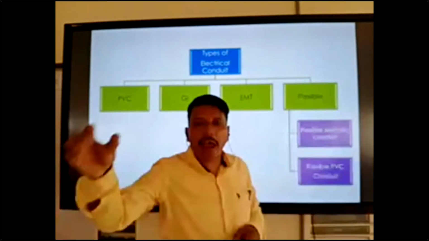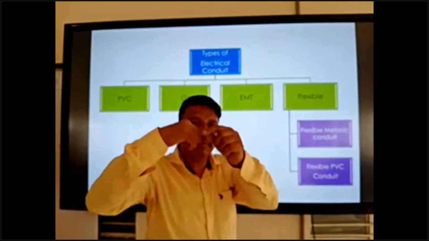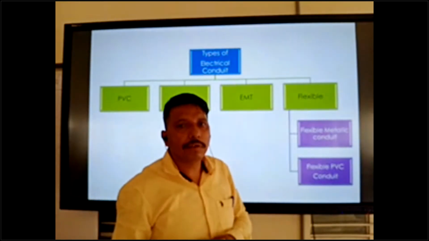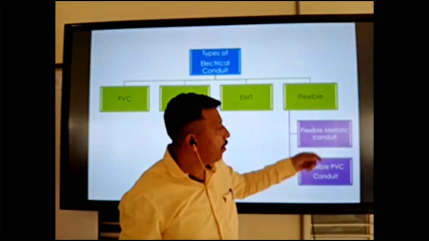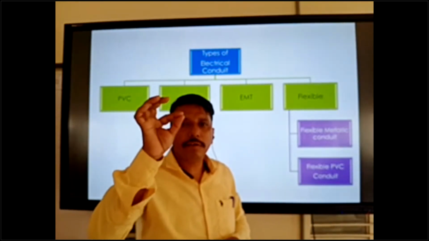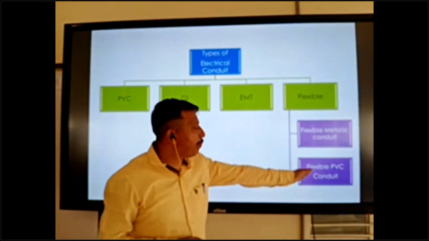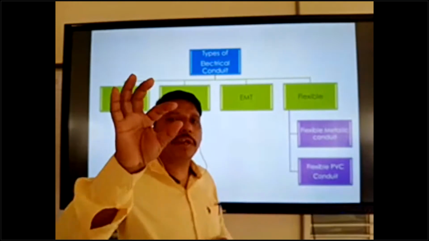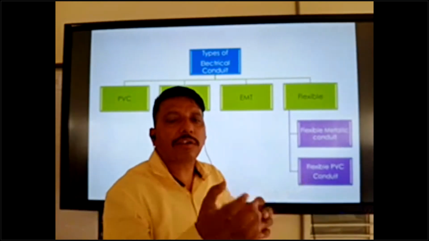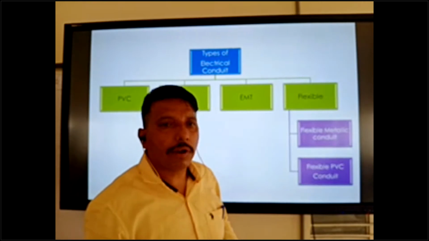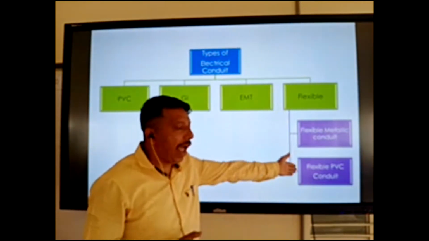Flexible metallic means inside comes the iron type, outside covered by PVC. And flexible PVC conduit means only PVC type, with no metallic or iron inside. So this is two types.